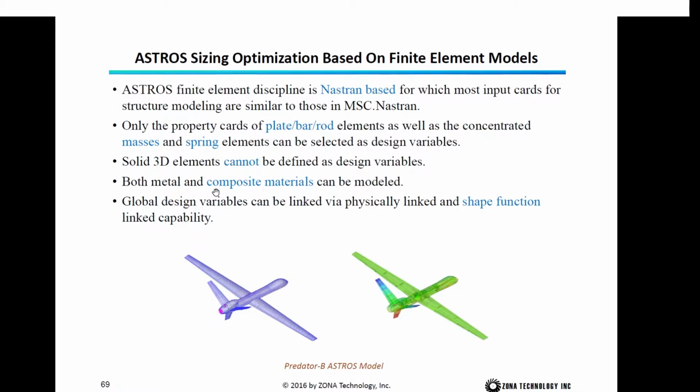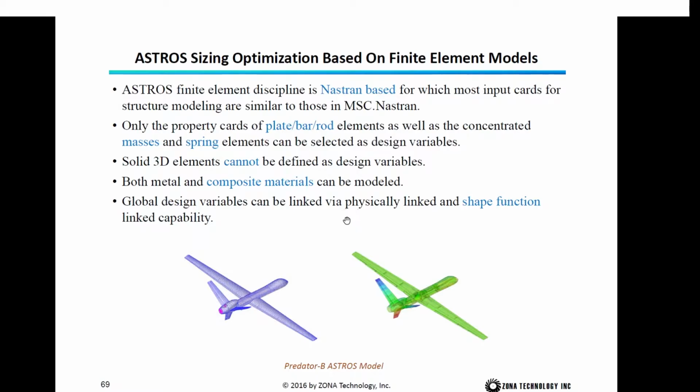Both metal and composite material can be modeled, and global design variables can be linked via physical link or shape function link capability. That means the so-called physical design variable, or also so-called local design variable. For example, the thickness of the plate element is a local design variable.